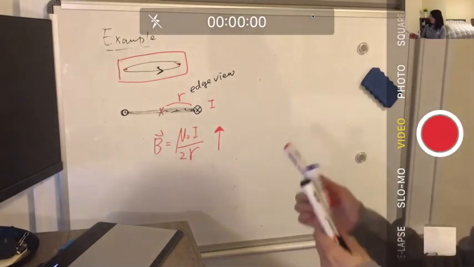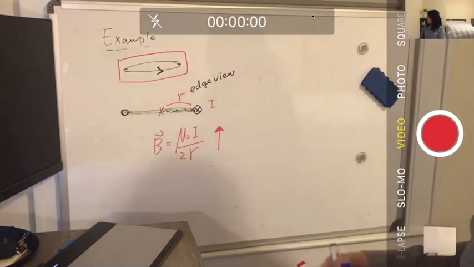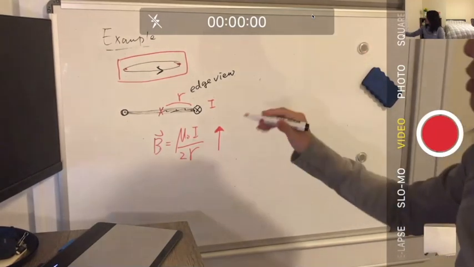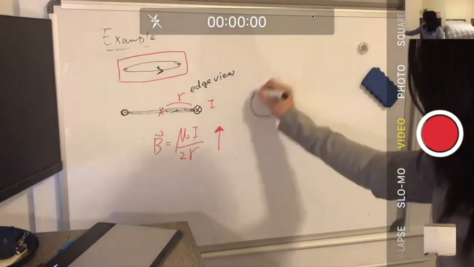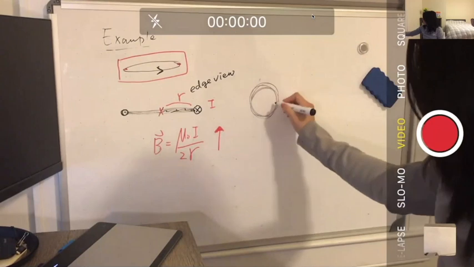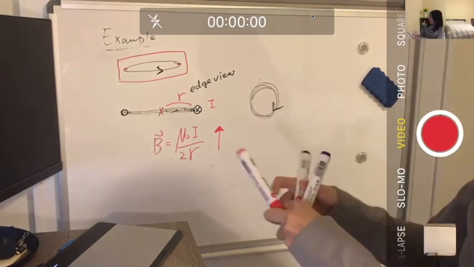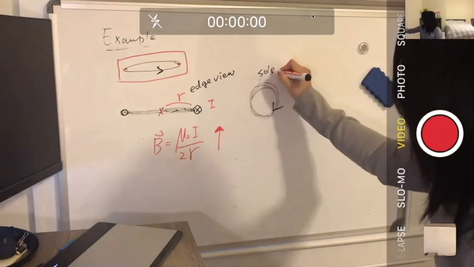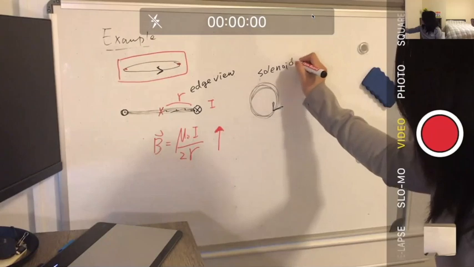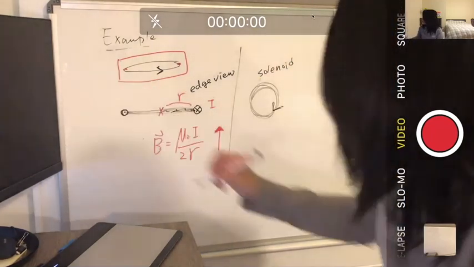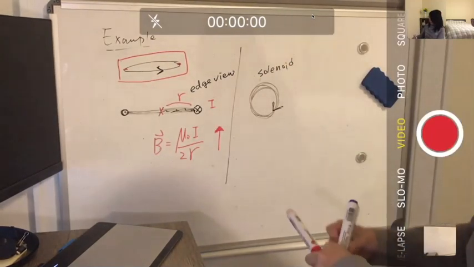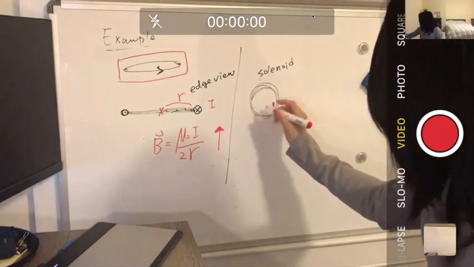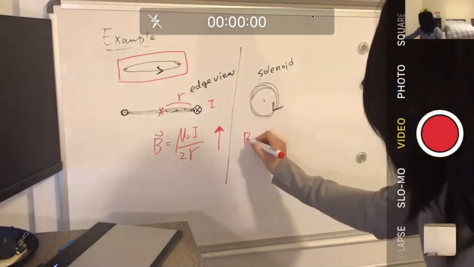Okay, one more practice. Say I have a solenoid, a lot of loops, and the current is going in this direction in all of them. What's the magnetic field at the center?